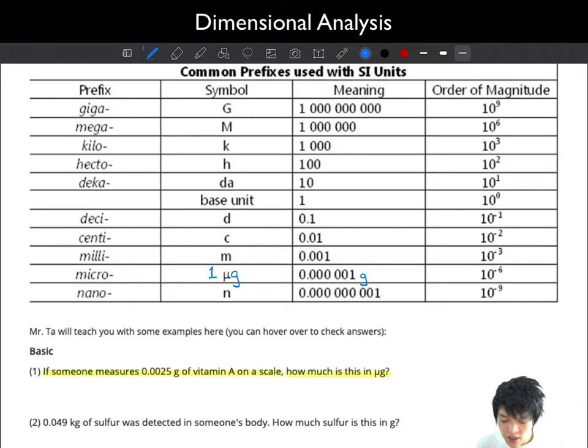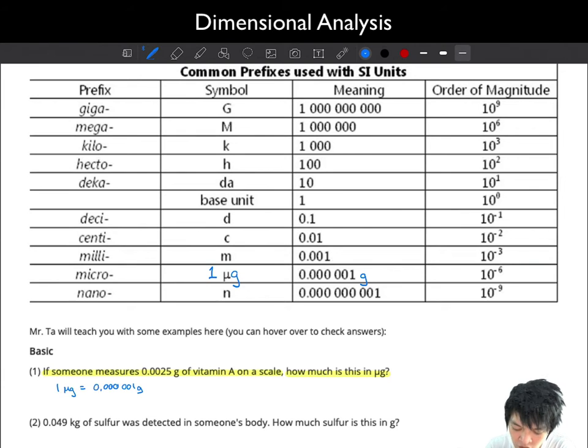It would be helpful to write down these relationships as you go. So 1 microgram is equal to 0.000001 gram. This space is just there so that it's easier to recognize how many zeros there are. There's no other significance to it. So 1 microgram is a small amount of grams.